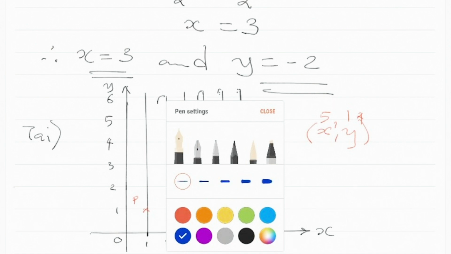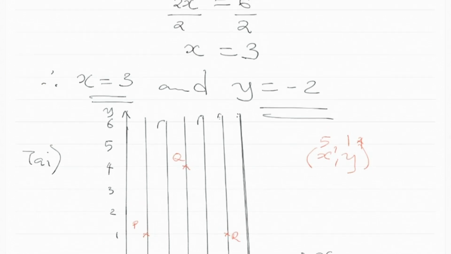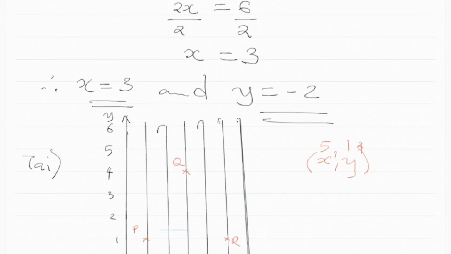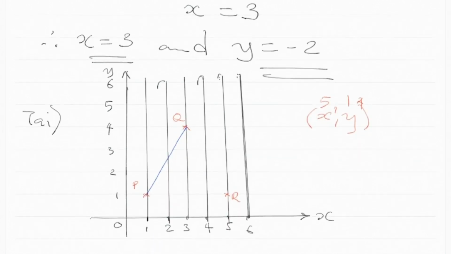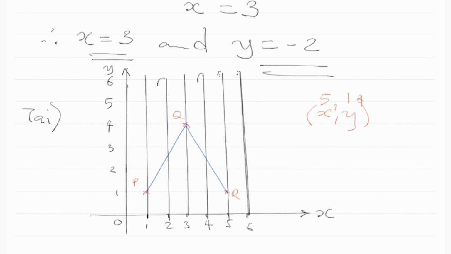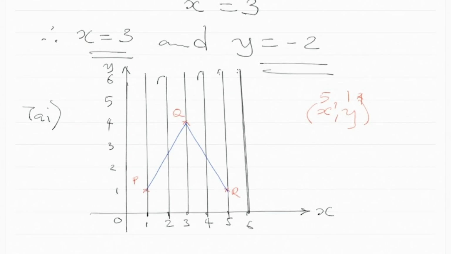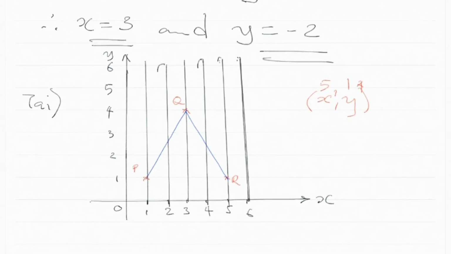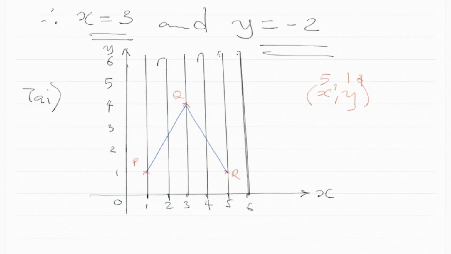You join P to Q, a straight line, then from Q to R, and finally from P to R. Make sure your lines are smooth.